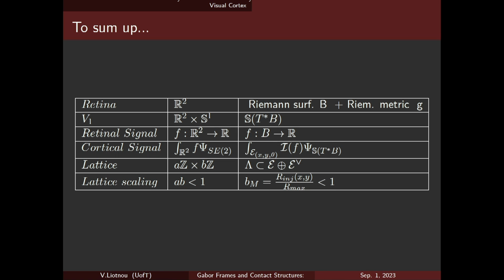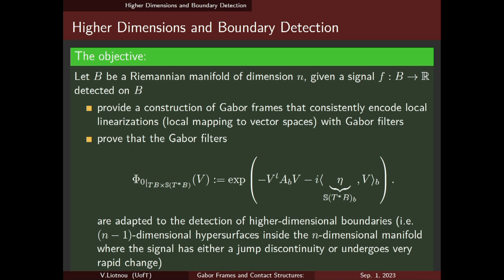The lattice will be a bundle of lattices, and in particular, it can be degenerate, but it won't be degenerate in an open dense subset of them. And I'll just say one thing. One can generalize to higher dimensions.